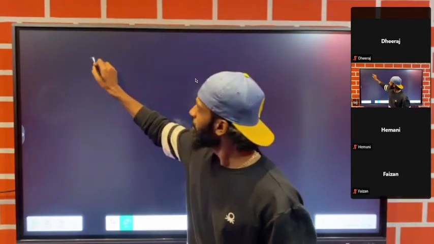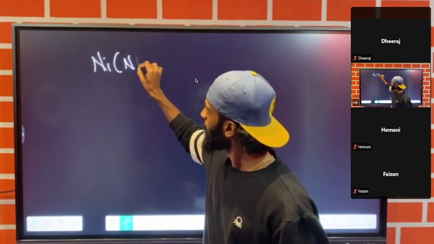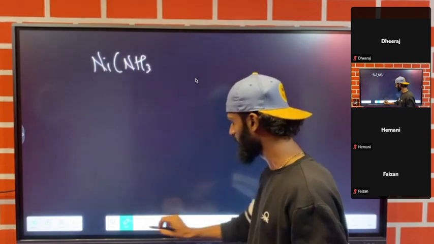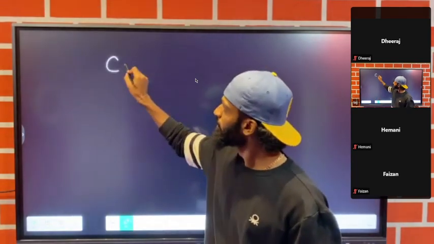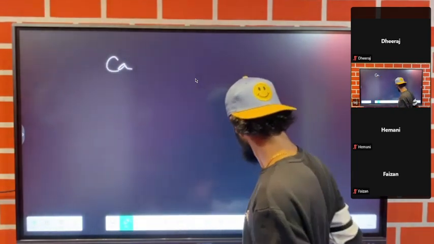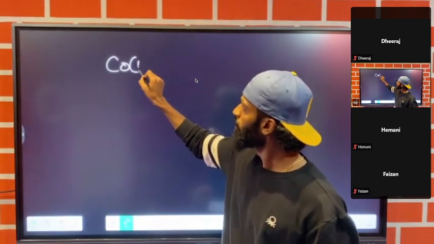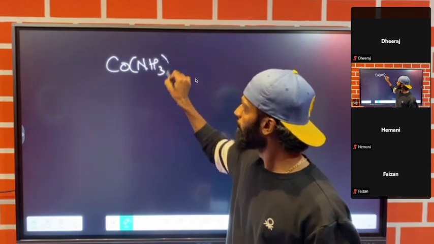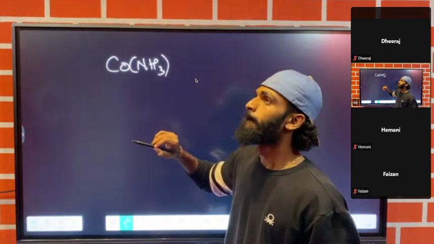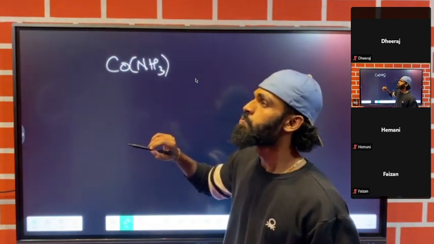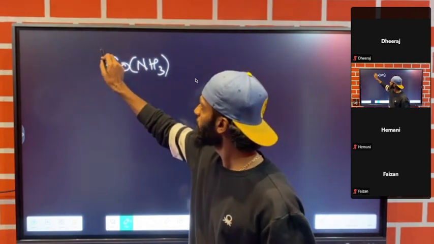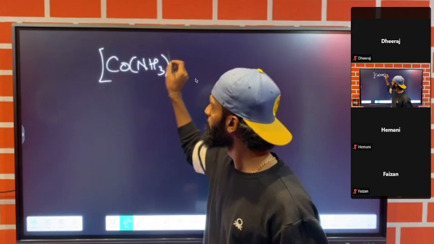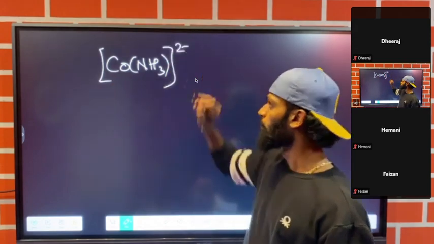This time, let's try NH3. Okay, one second, wait. Let's leave nickel. We'll do cobalt. Co(NH3) with a 3 minus charge.